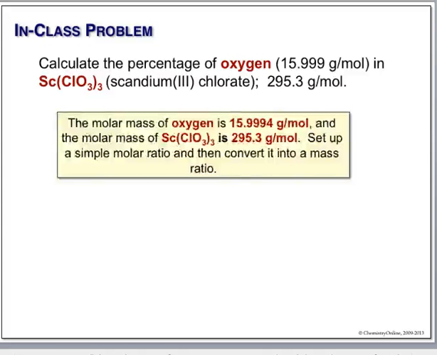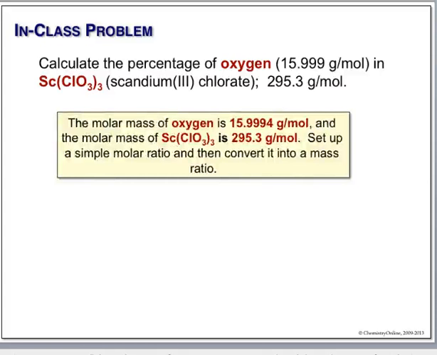We start by doing our mole ratio, convert that to a mass ratio, do the math and get our percentage. I want to make sure everybody can do this. What's the mole ratio of oxygen to scandium(III) chloride? It's 3 to 1. Is it 3?